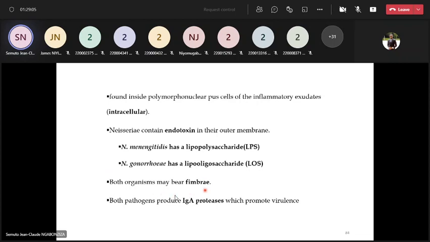Both organisms may bear fimbriae, which are adhesion organs. You know them, and both pathogens produce IgA protease, which promotes virulence. So these are kinds of virulence factors.